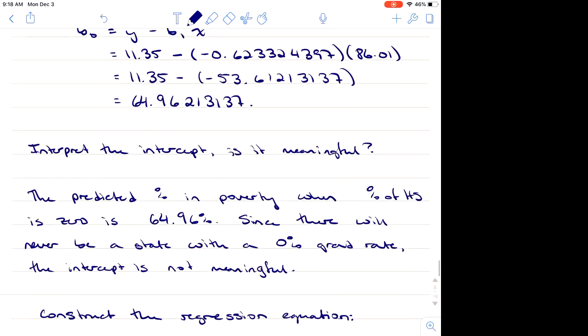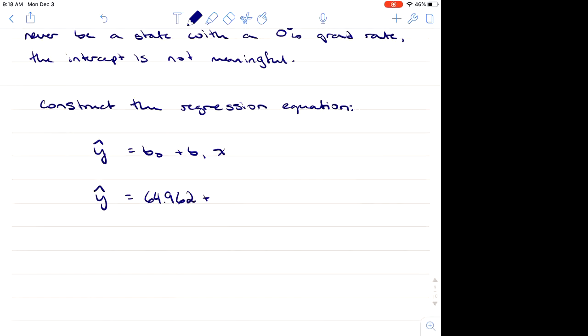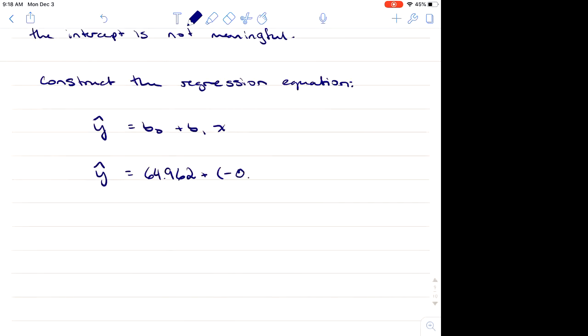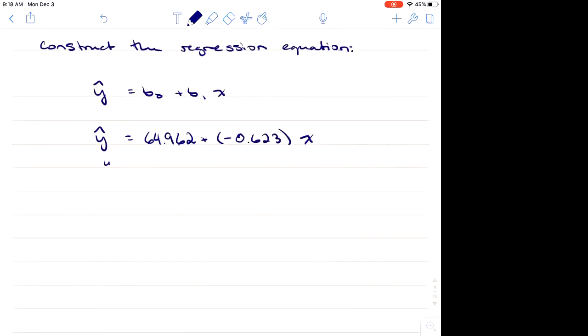Let's go to 3 decimal places, maybe 962, plus, but it's negative, plus negative 0.623 times x, right? Or if we want to just write it with the negative, 64.962 minus 0.623 x.